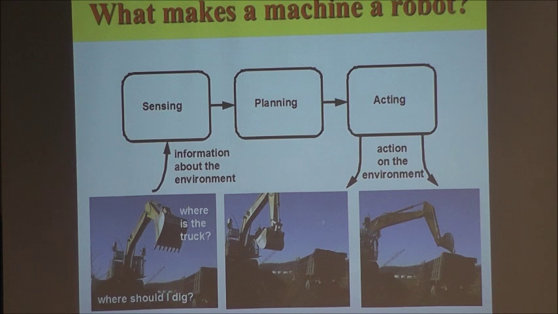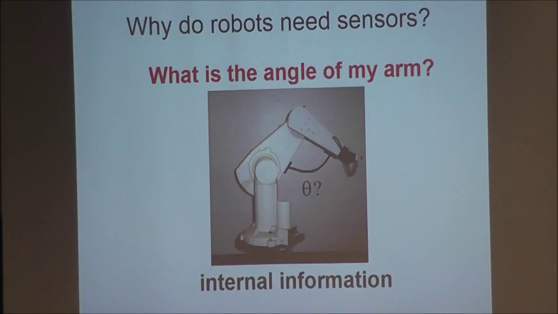So in this case, the sensor is really the human being, the driver, who senses the distance from where he sits to the fork and the truck, and where the particular dirt is that he wants to dig and pick up.